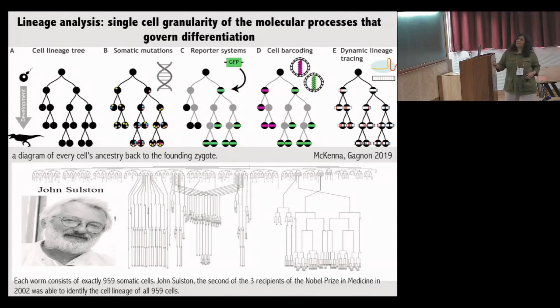There are very sophisticated methodologies available. So you can say that what this allows you to do is get a single cell granularity of the molecular processes that govern differentiation, meaning that if I am a macrophage, what molecular processes allowed me to get there, and how many steps from the founding zygote did it take to get there? What molecular processes governed each step in this process?